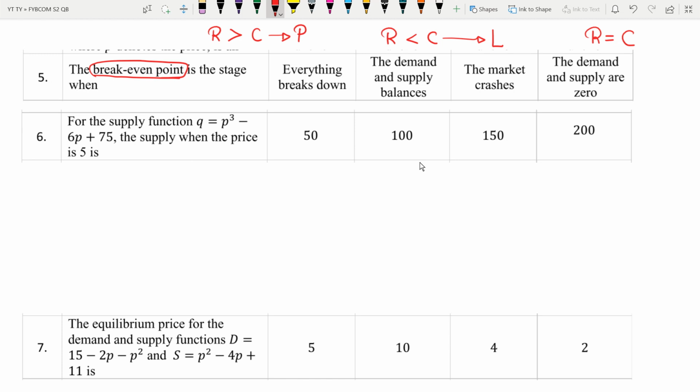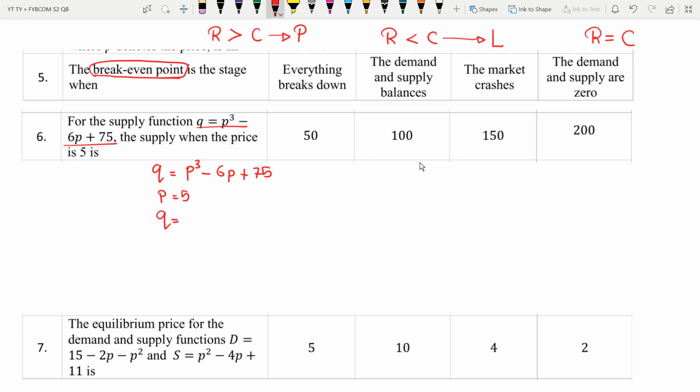Let's go for question number 6. For the supply function given by this, find the supply when the price is 5. So they have already given the supply function: Q is equal to P cube minus 6P plus 75. Here they have given that the price is 5, so I'll substitute P is equal to 5.